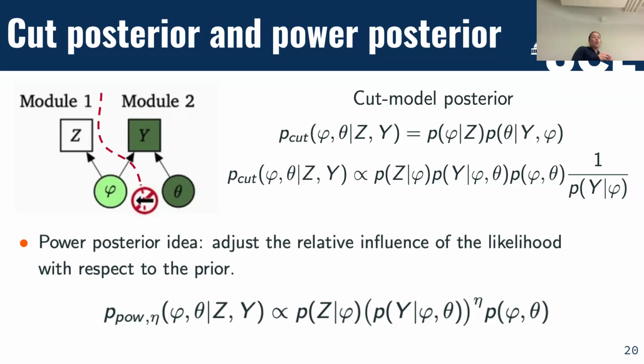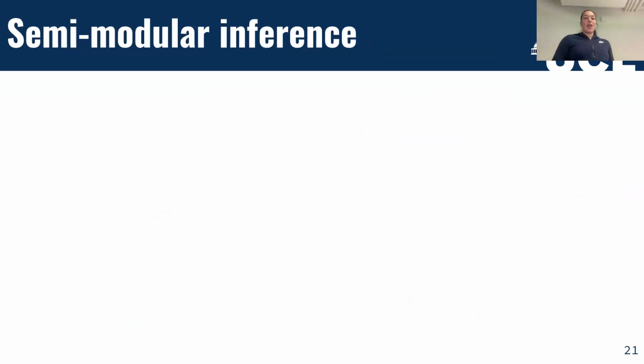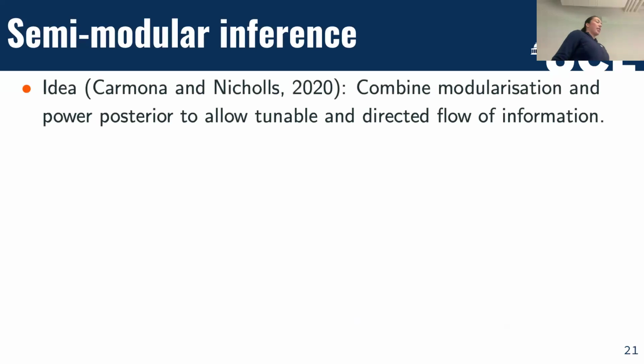Now, in order to combine the good things of the cut posterior and the power posterior, there's semi-modular inference, where the idea of Carmona and Nicholls in their 2020 paper is to basically combine this modularization and the power posterior.